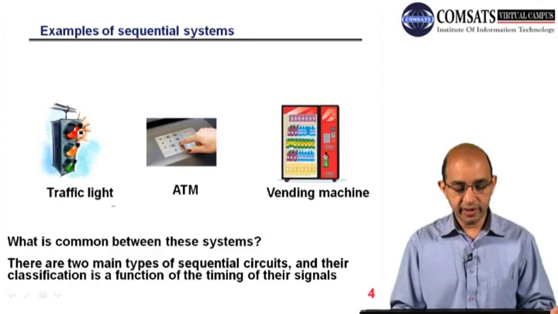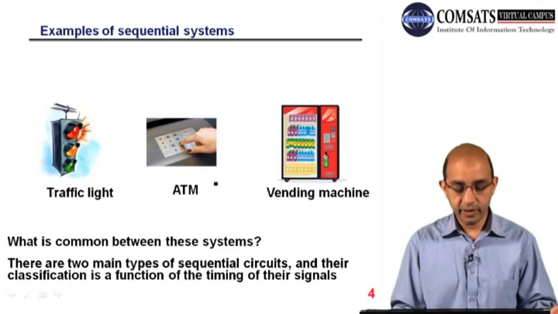If we have the red, then there will be a yellow and green, and a predefined amount of gap in between. So we need memory, and we have to take care what the previous state or previous input was.